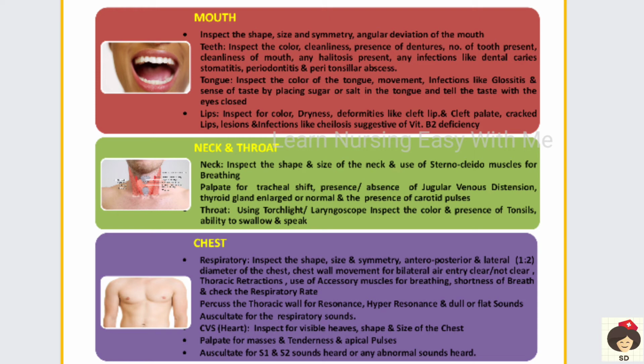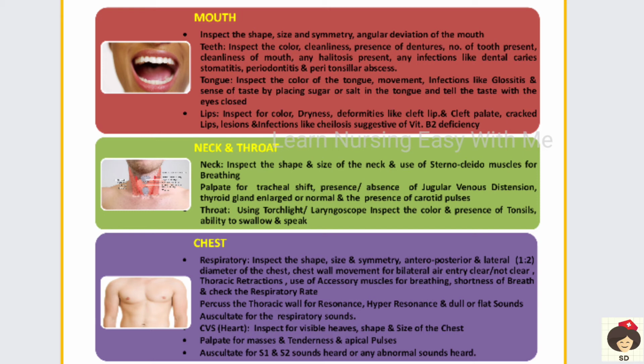In the chest you should identify problems with respiration and also problems with the heart. For respiratory problems, you will inspect the shape, size, symmetry, and also the AP to lateral diameter of the chest. Usually the AP diameter should be less than the lateral diameter, that is 1:2. Patients who have COPD will have a barrel chest, where the AP and lateral diameter ratio will be equal.